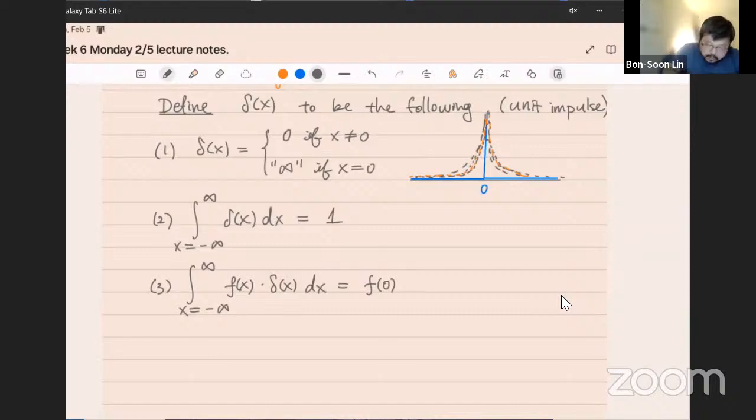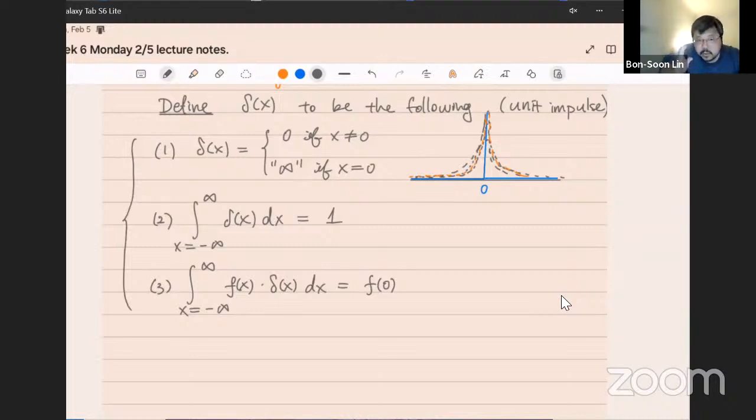So if you multiply a function by the delta function, delta of x, integrate from minus infinity to infinity, you simply pick out the value f of 0. So the integral is very easy. So these three properties define delta. Kind of bizarre. All right.